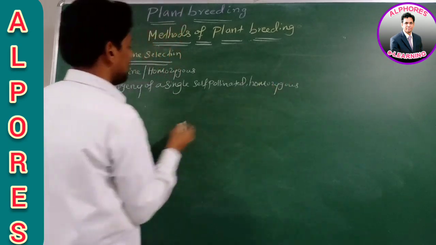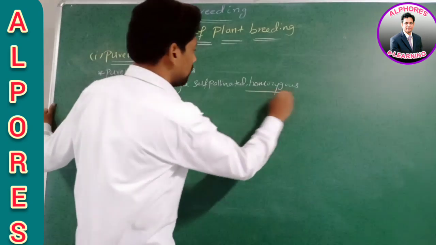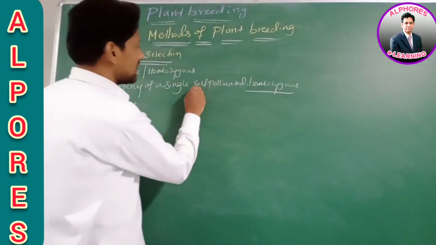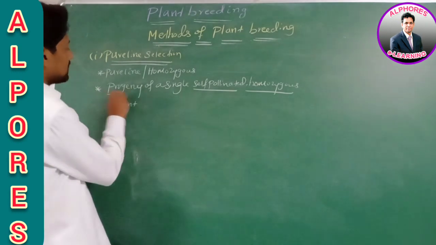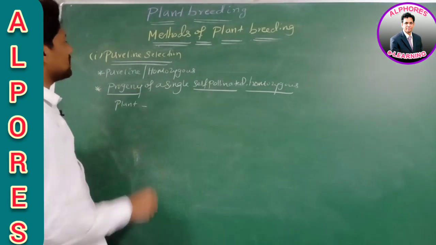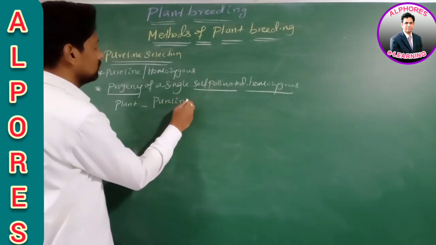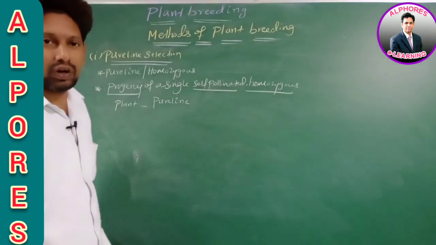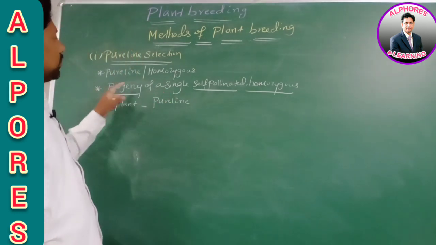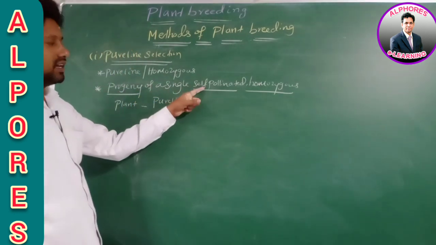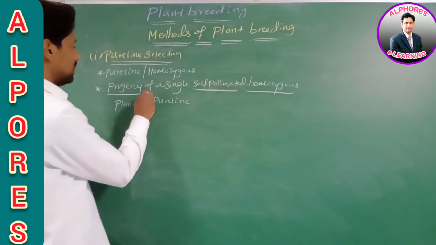Sir, we are taking a homozygous plant. That homozygous plant is self-pollinated. Is it okay? Then we are getting a progeny. We are calling that progeny as what, sir? Pure line. That is called as a pure line. Is this statement okay? Right. Therefore, progeny of a single self-pollinated homozygous plant is called as a pure line.